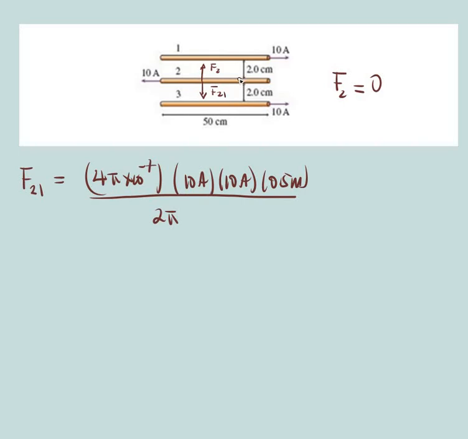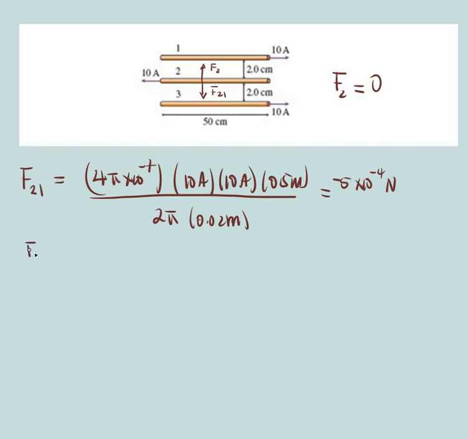The distance between the second cable and the first one is just 0.02 meters. If you do this, the answer is 5 times 10 to the minus 4 newtons. And because 2 with 1 is going away, this is actually negative 5 times 10 to the minus 4 newtons.